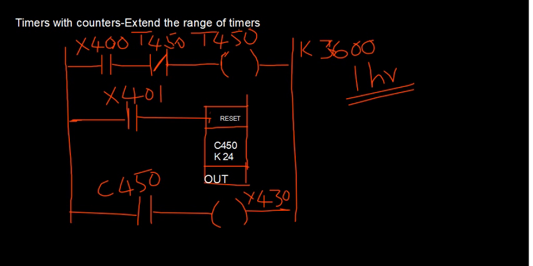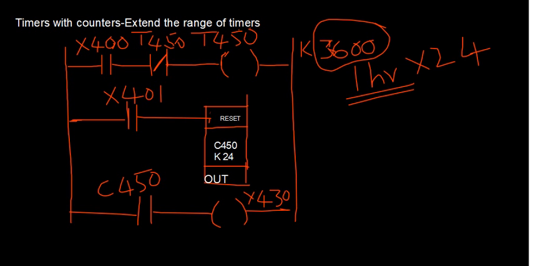Now if I want to have the counting for one full day, I must multiply it by 24. With the limitation of this timer, it is not possible for me to have a 24-hour count.